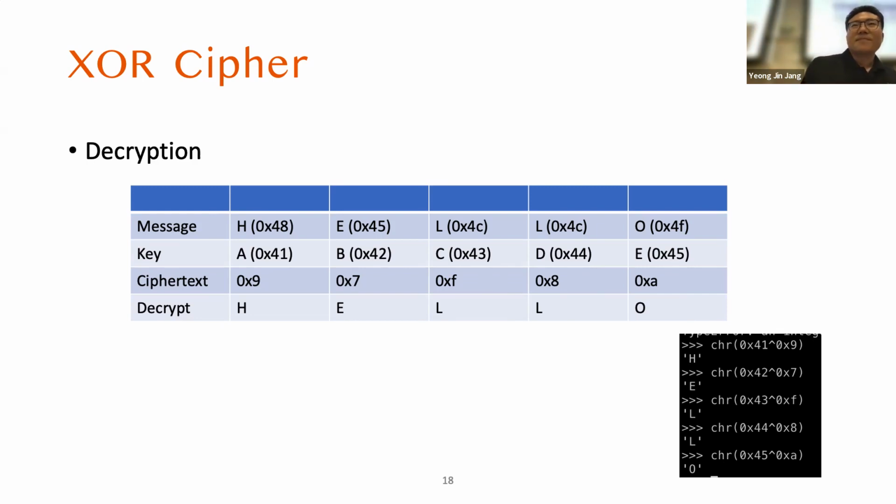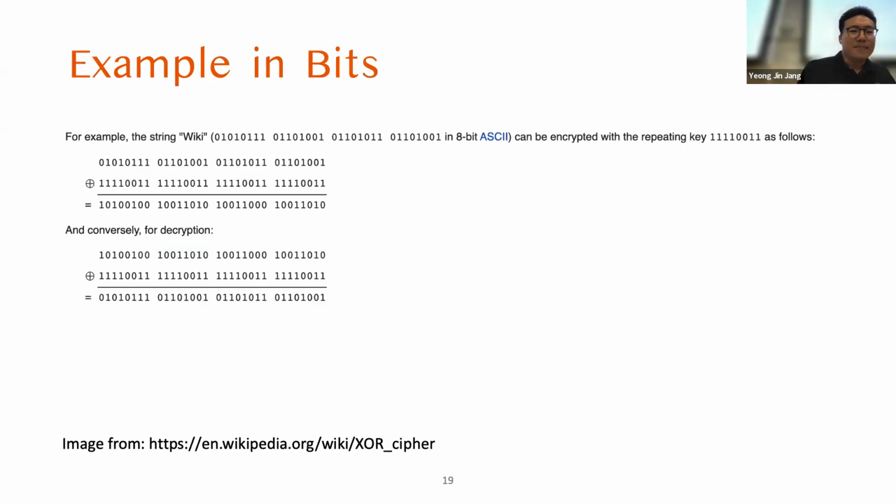And then to give this as an example in bits, I extracted this from Wikipedia. They use the example string wiki. So the bit format is something like this. I just show the example as hexadecimal numbers for the shortened form, but actually it works like bitwise operations.